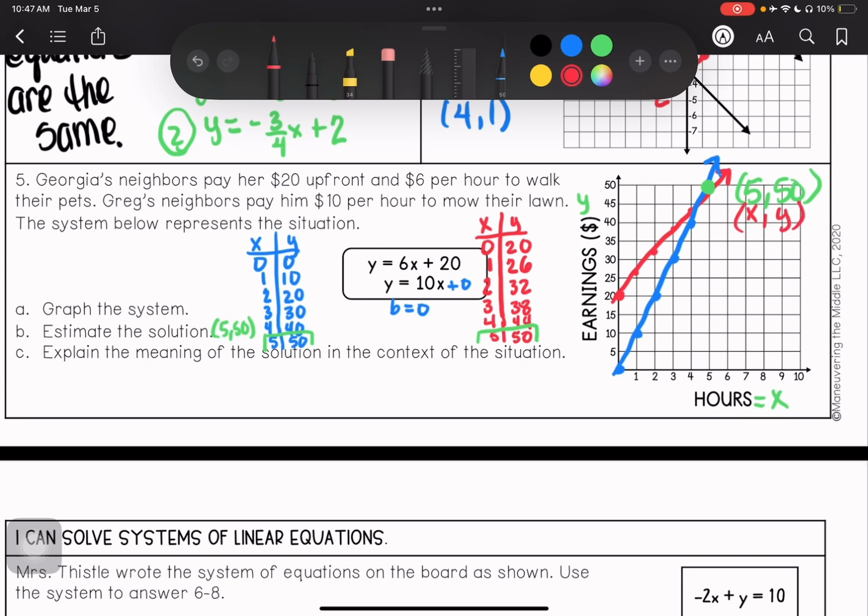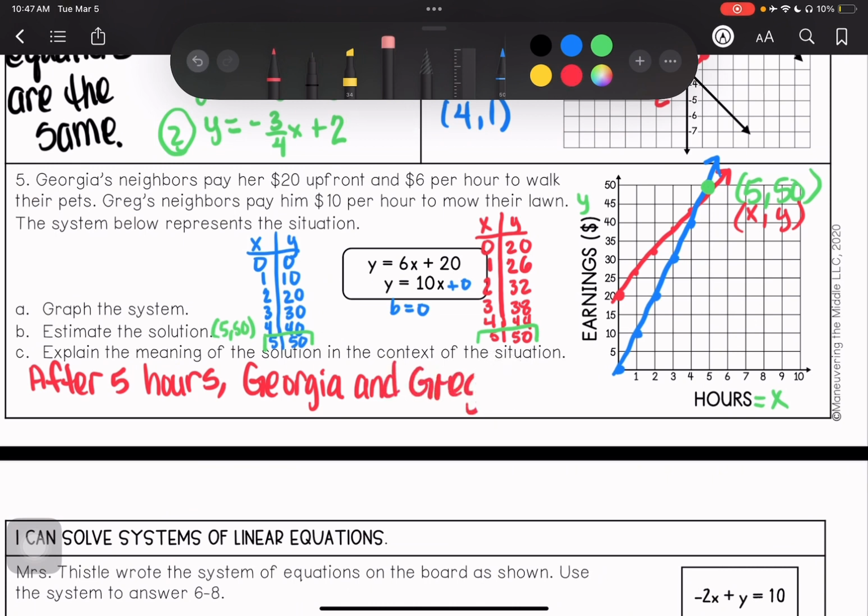So we can say after 5 hours, both Greg and Georgia will have earned $50.